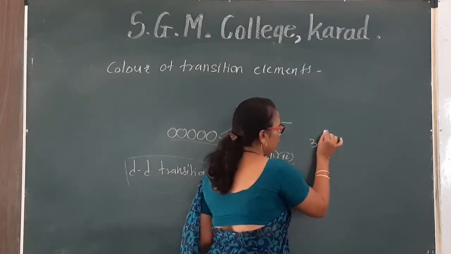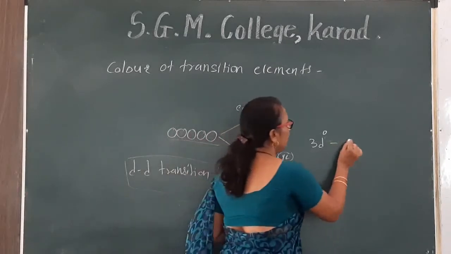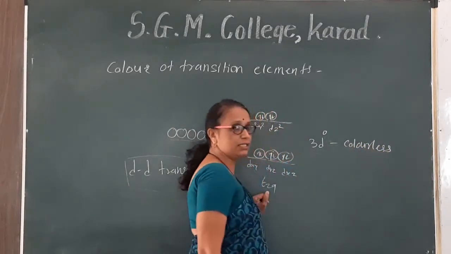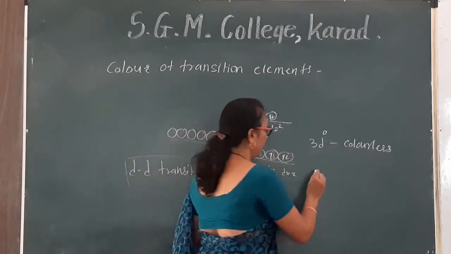Means if the electronic configuration is 3d0, then that complex is colorless, because d-d transition is not possible.